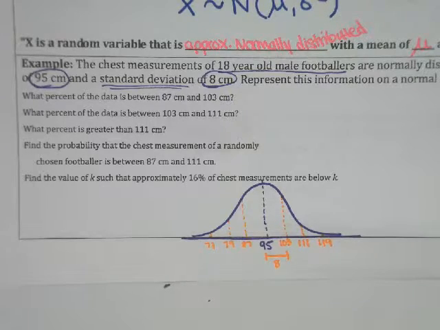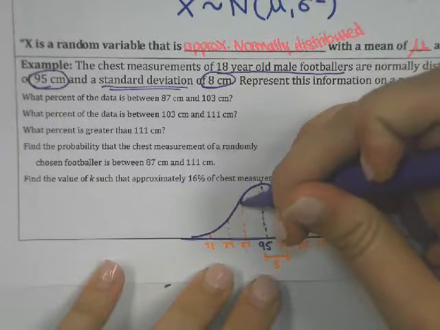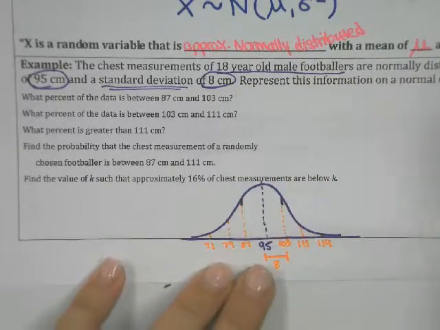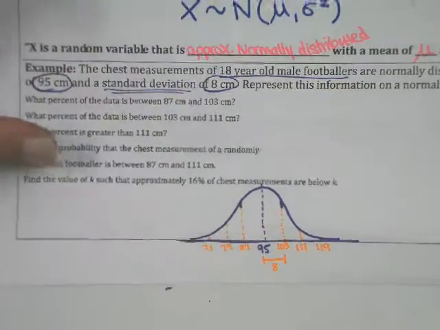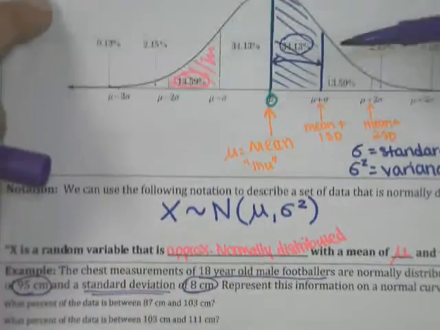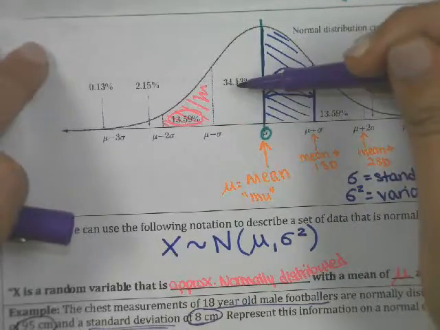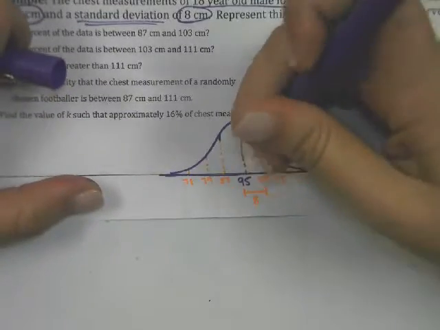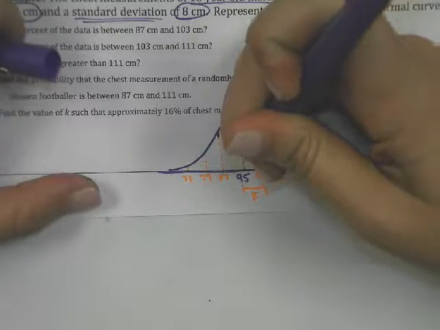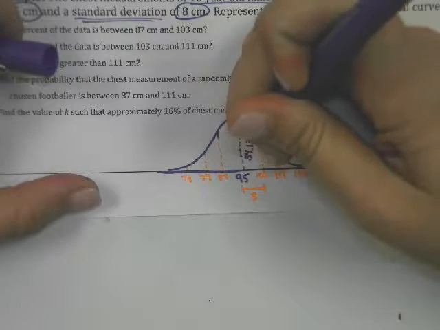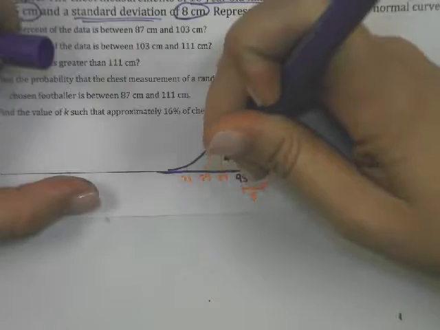So let's see if we can answer the questions that they're asking us to. What percent of data is between 87 and 103? So 87 is here, 103 is there. If we look at our estimating chart up above, this section has 34.13, so does that one. So this has 34.13%, so does this one.